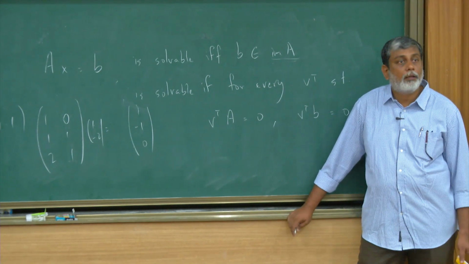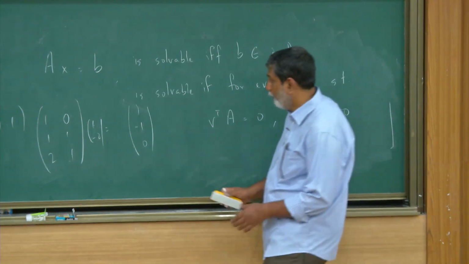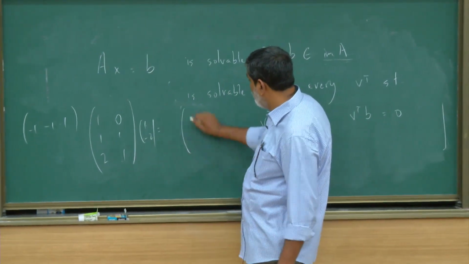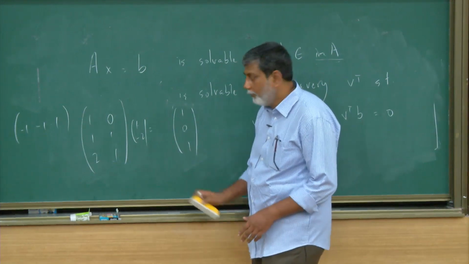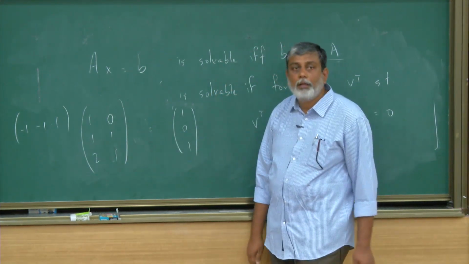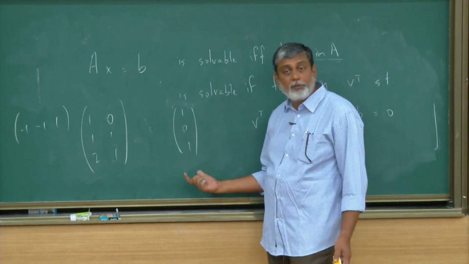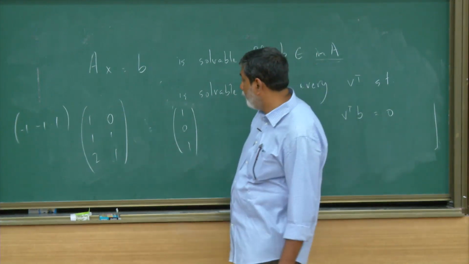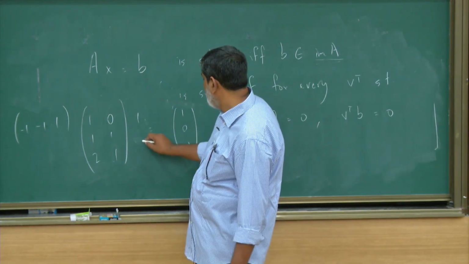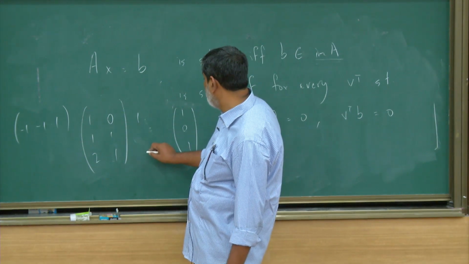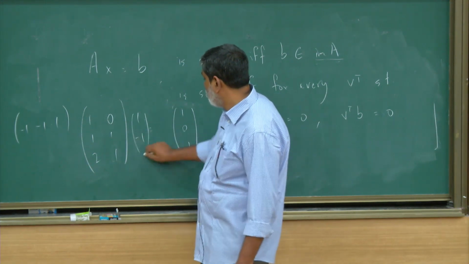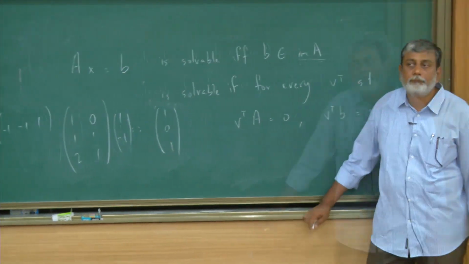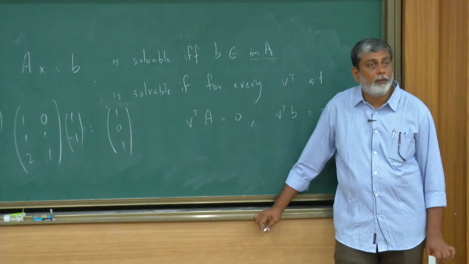And if you don't believe me, let's take another one. So 1, 0, 1. Is that solvable? That acting on this is 0, so it should be solvable. So what combination?